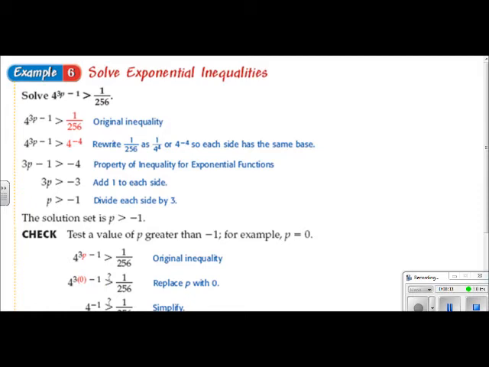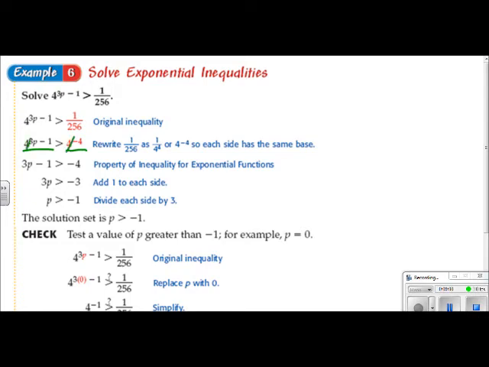So how would we solve these kinds of equations? If we have 4 to the 3p minus 1 is our original inequality, well, we have to rewrite this 1 over 256 so we get it into base 4. Now again, remember properties of exponents. 1 over 256 is actually 4 to the negative 4th power. So now we have the same base 4 on both sides.